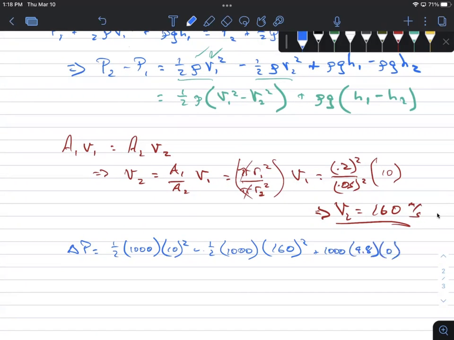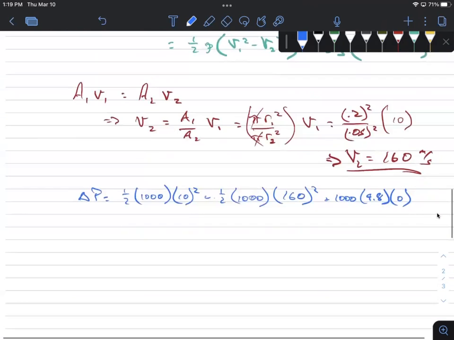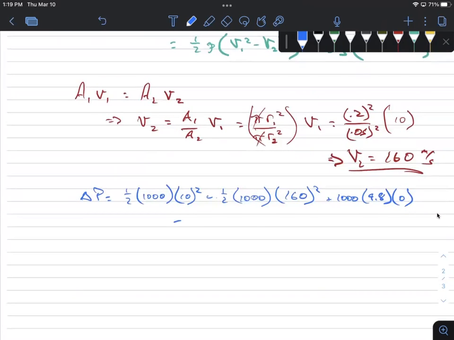And remember, I'm going to call H1 0 because I have that freedom. I could call it whatever number I want, as long as whatever I call it, H2 is that number plus 10. So I'll call it 0. And then the last term minus 1,000 times 9.8 times H2, and H2 is 10. And now I have all my numbers.